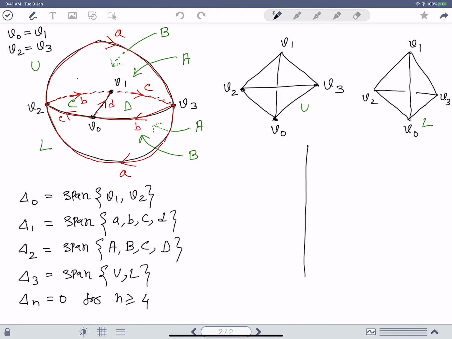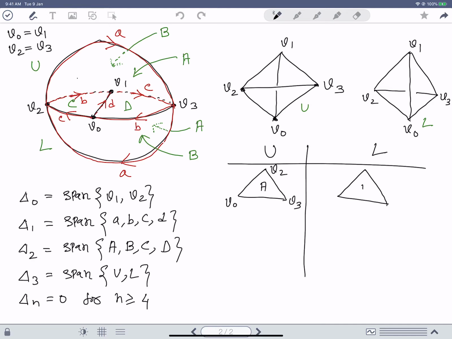So here, say this is my U, this is my L. Now in U we can write A as V0, V3 and V2, and in L we can write this is my A. Now note that in U we have V0, V3 and V2, right?